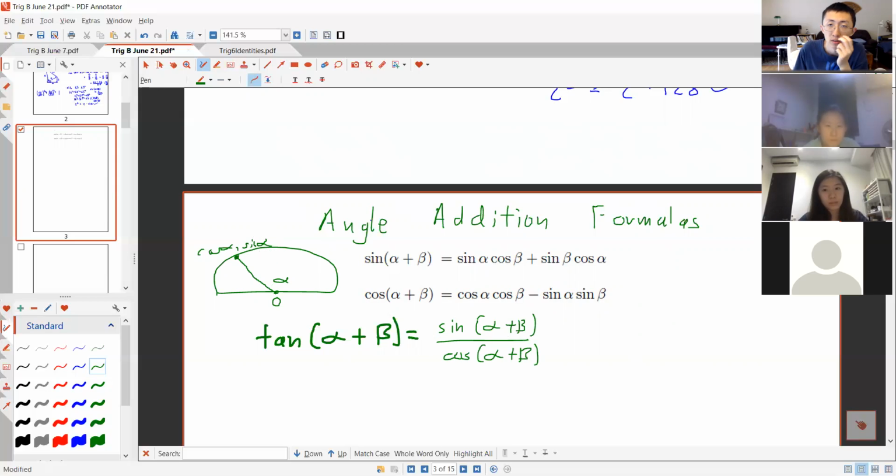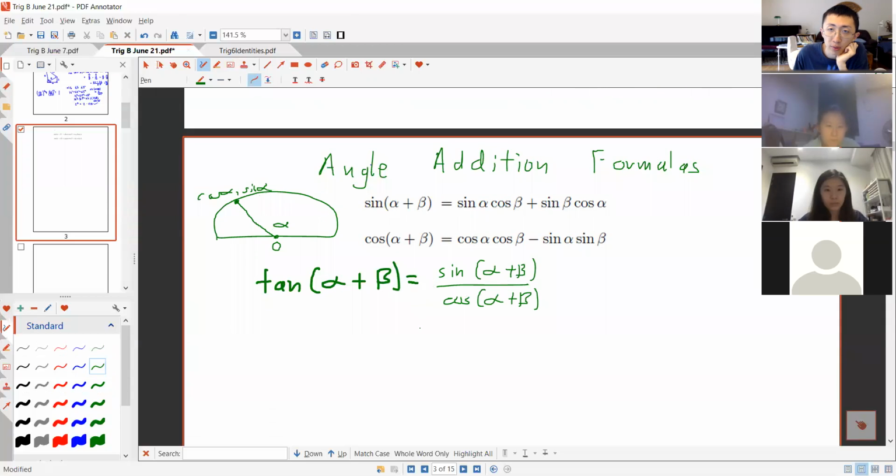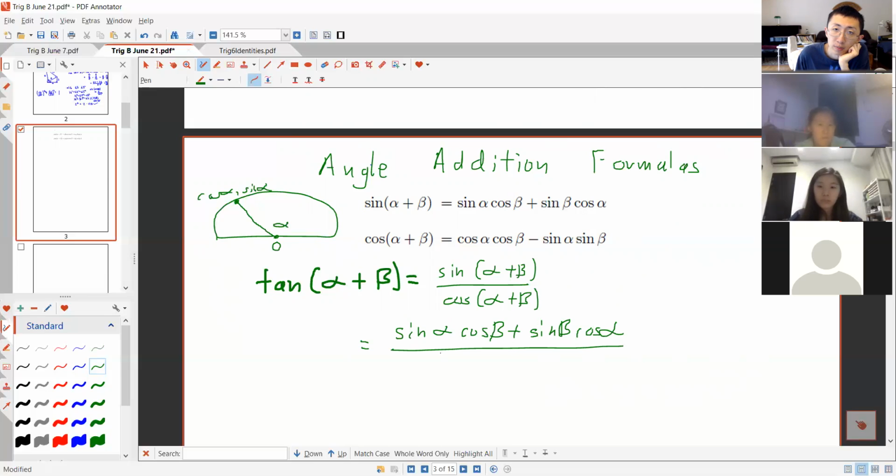Okay, so let's just blindly, I guess we can plug in the formulas we just found, right? So if we just rotely write sine alpha cos beta plus sine beta cos alpha over cosine alpha cosine beta minus sine alpha sine beta.